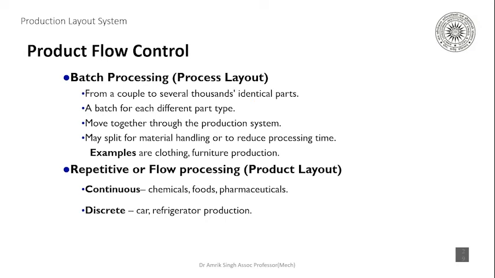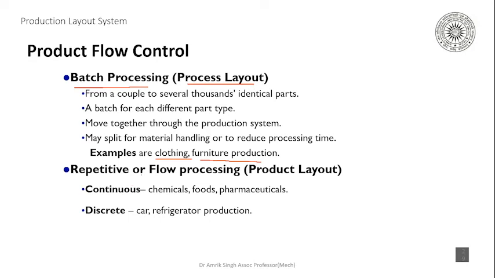Normally we do this in the case of pharmaceuticals, paints, consumer goods, a batch for each different part type. They move together through the production system, which may split the material handling or reduce the processing time. For example, in clothing and furniture production, we go for the batch type of processing and the process type of layout.